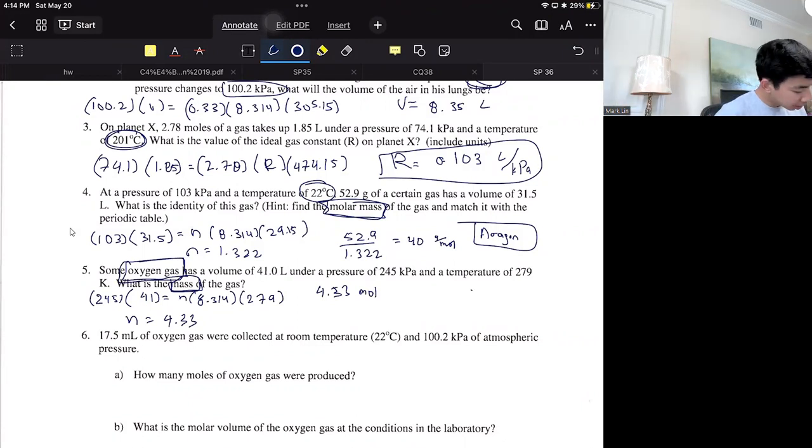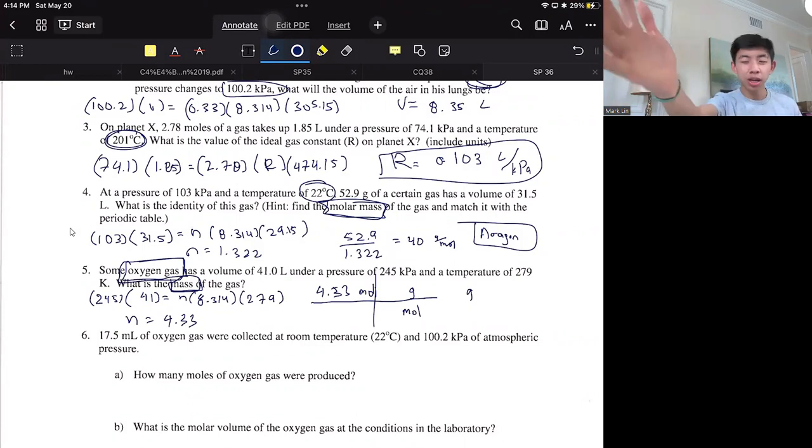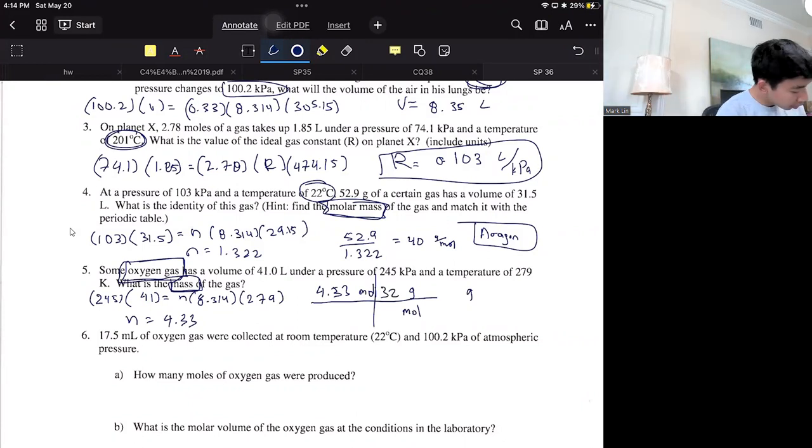So the ending has to be grams. You have to set up a table. Moles on the bottom, grams on top. The molar mass of oxygen is 32 because oxygen is in its pure form. So it's 32 diatomic, and 4.33 times 32 is going to be 138.56 grams.